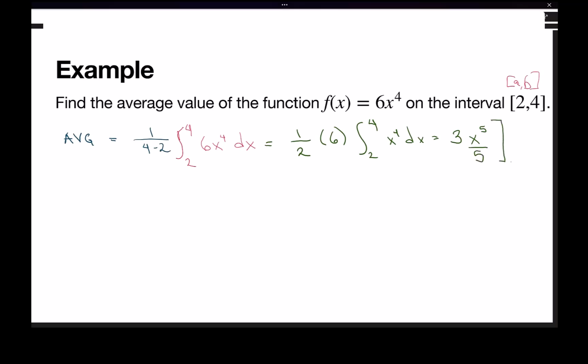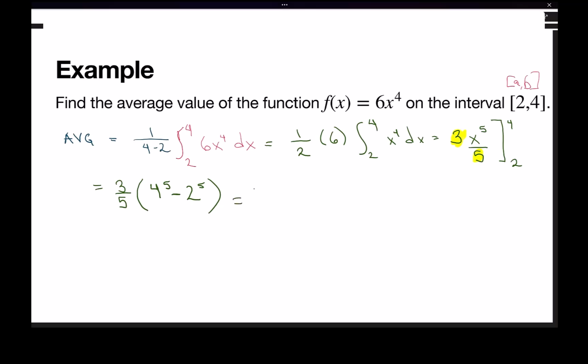And I want to evaluate that between 2 and 4. This is 3/5 times 4 to the fifth minus 2 to the fifth. And I can do that because I really have this constant 3/5 here. I can just pull it out and then just evaluate x to the fifth between 4 and 2.